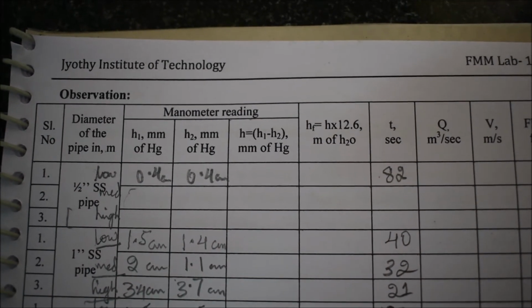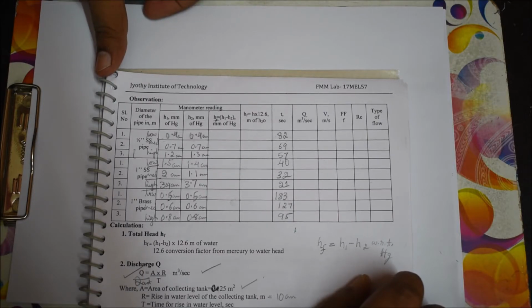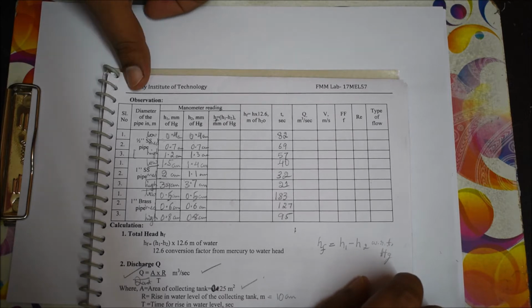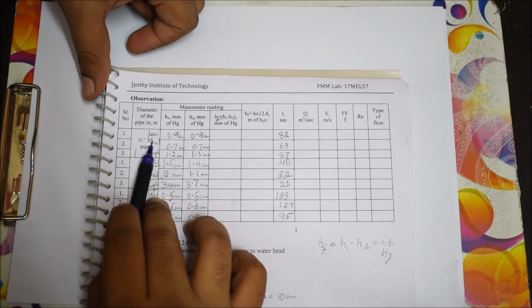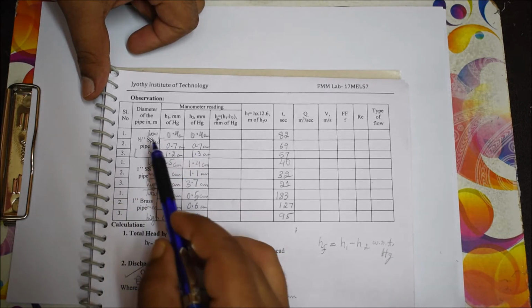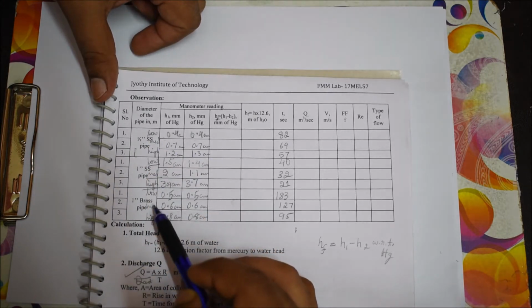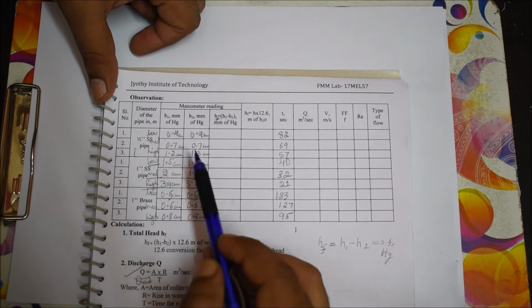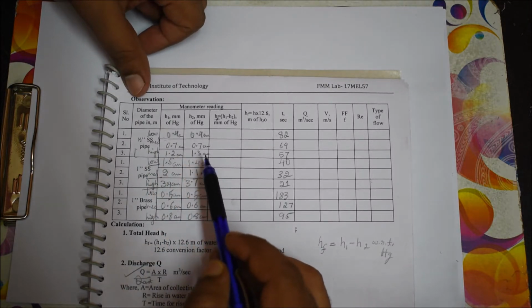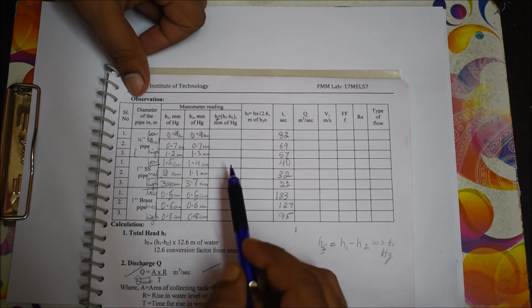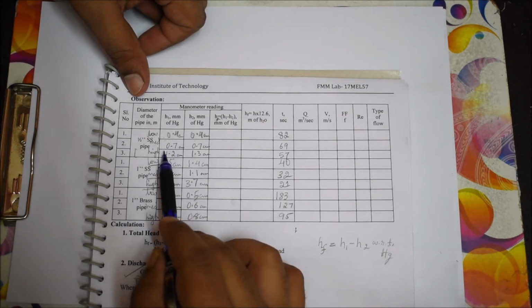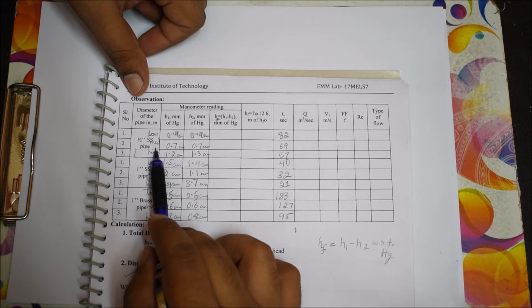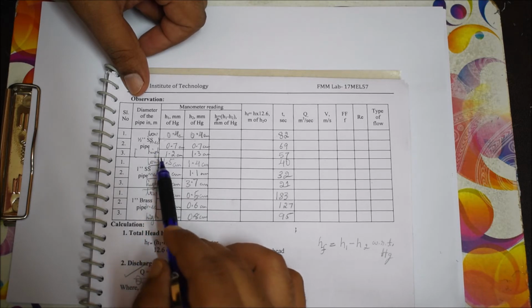In the video demonstration, you have witnessed the experimental procedure for low discharge with respect to 1-inch stainless steel pipe, 1-inch brass pipe and half-inch stainless steel pipe. Certainly, we have continued and carried out the same experiment for medium discharges, high discharges for all the three respectively.